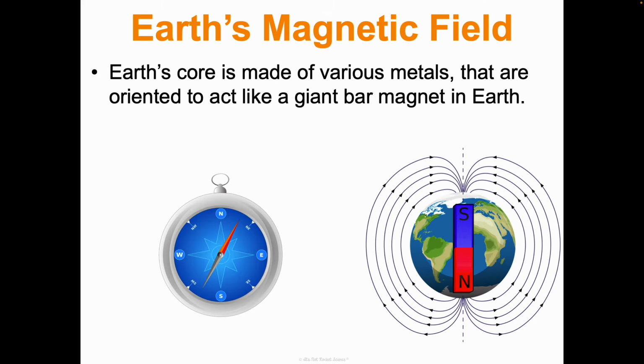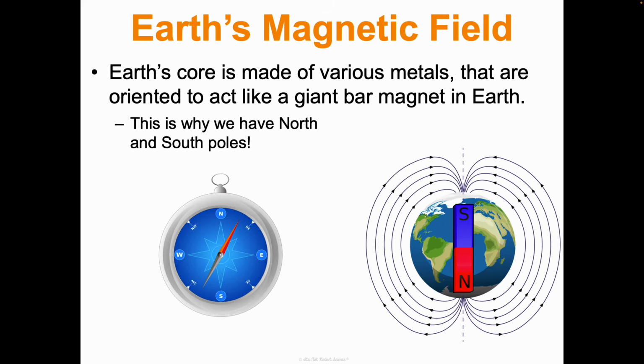And no one's 100% sure at the time of me recording this what actually produces this magnetic field that Earth gives off. A lot of people believe it's the circulation of those metals, but that's of the outer core that's surrounding a very solid inner core. But no matter what's actually producing it, what we see is that it acts like a giant bar magnet.